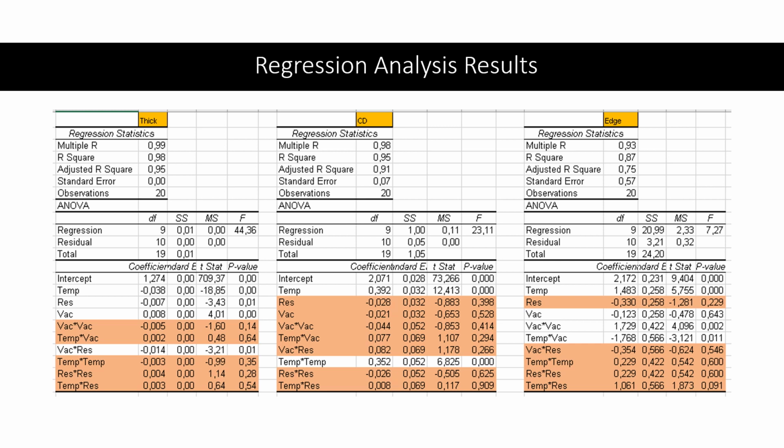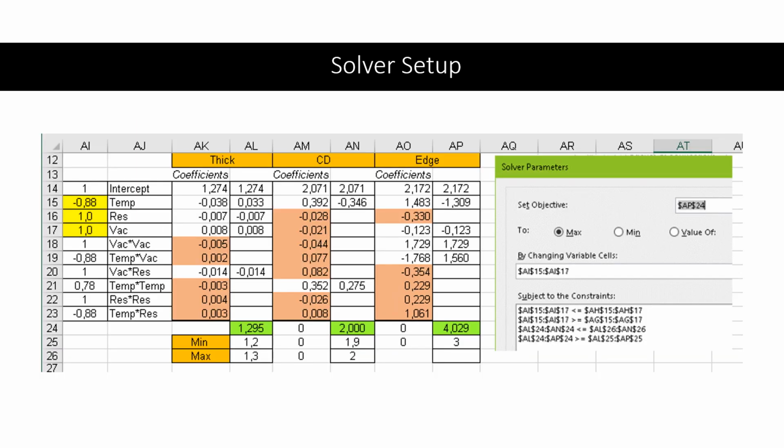These are the analysis results for the three responses, see sheet photo analysis. For each response, we only select those factors and interactions which are significant, p less than 0.05. We need Solver to calculate the values for the factors in the yellow cells, AI15, AI17.